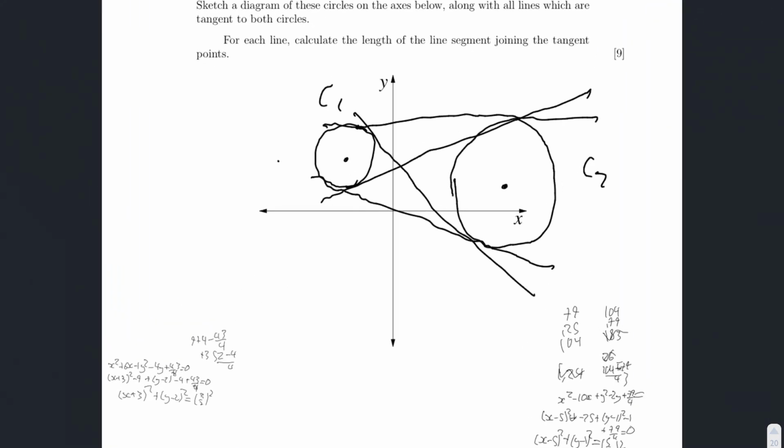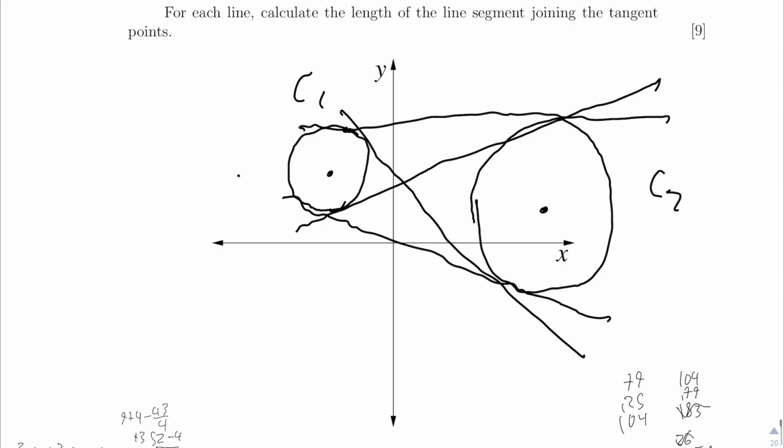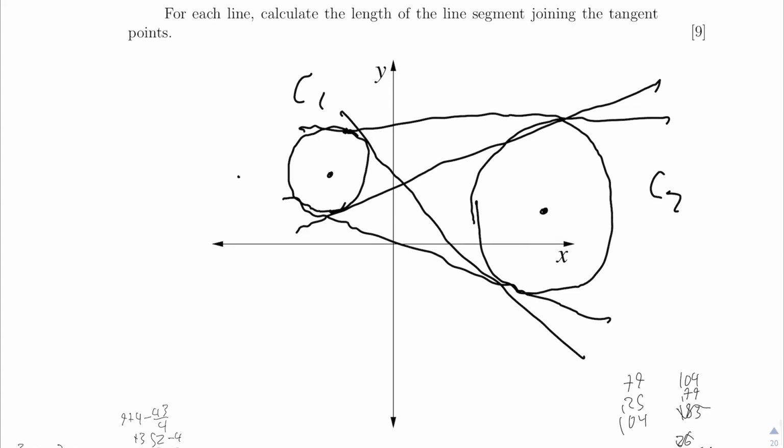So for each line, calculate the lengths of the line segment joining the tangent points. Okay, so this may be a little bit confusing at first. So what I'm actually going to do is get rid of these two just to focus on these points. So there's a well-known proof, actually.